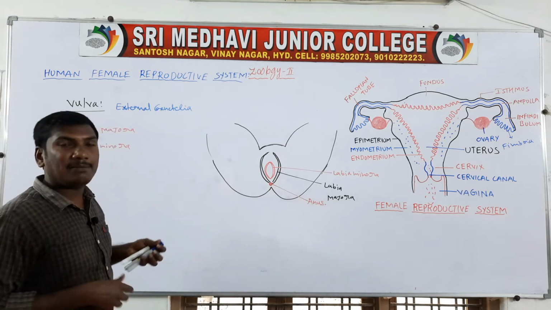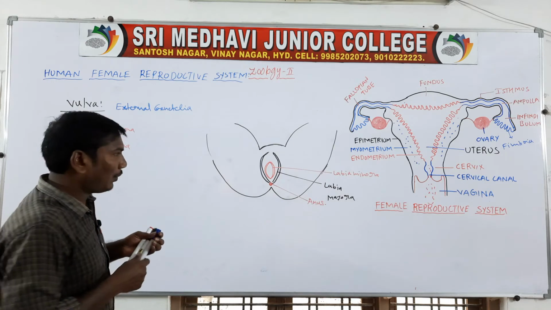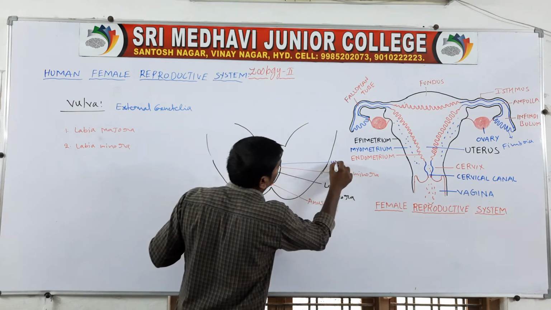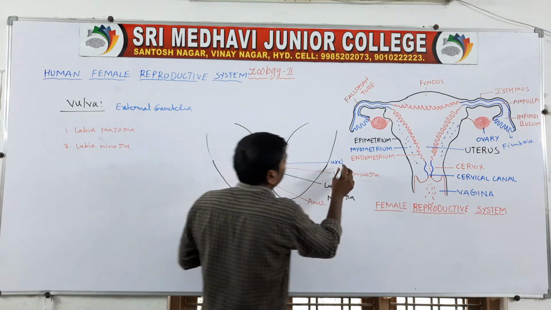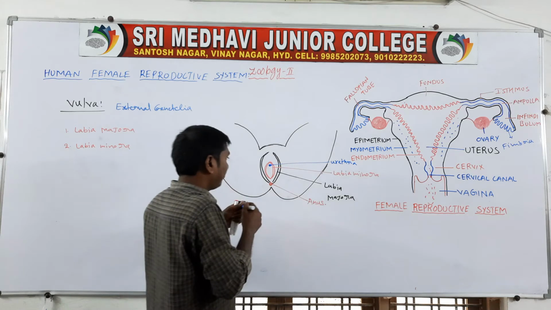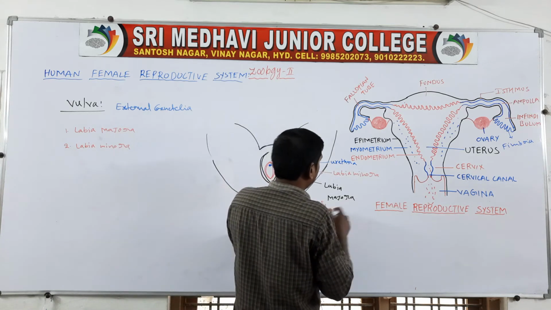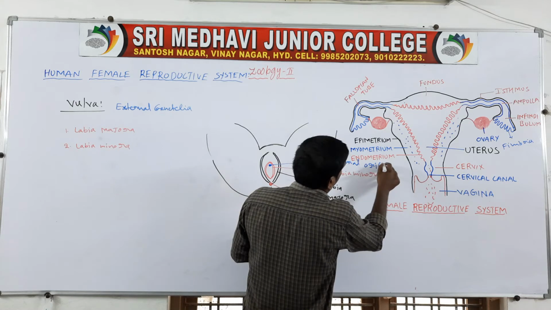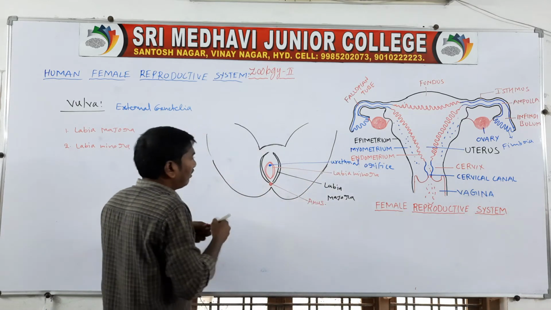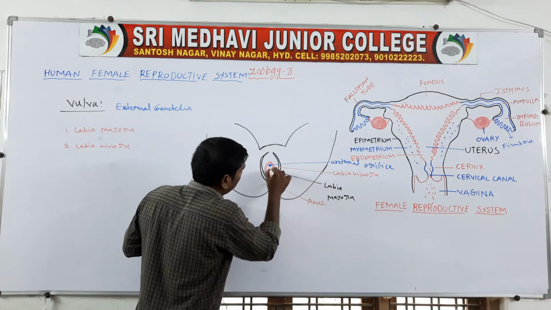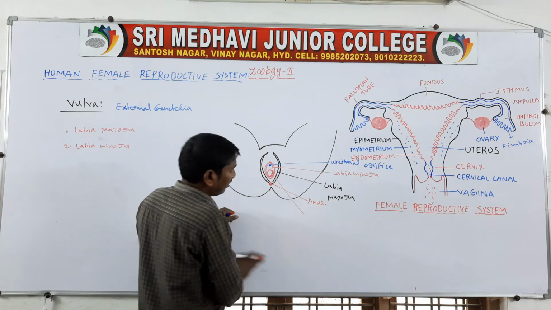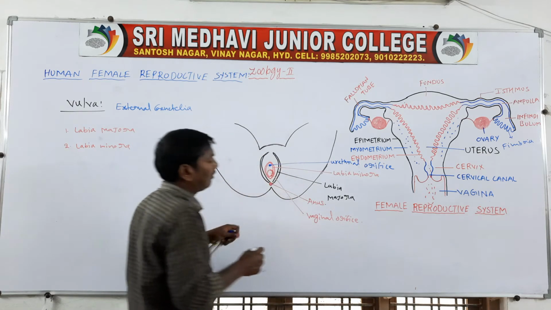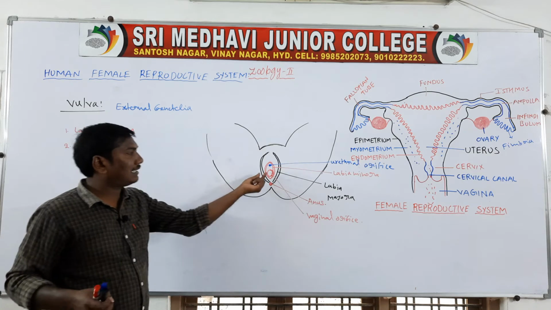Next, the labia minora contain two apertures.